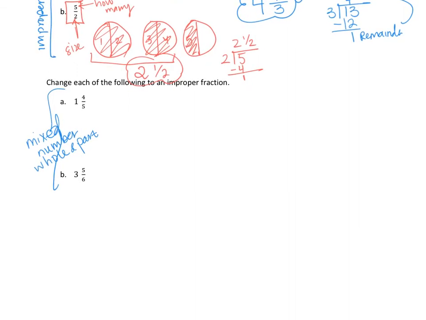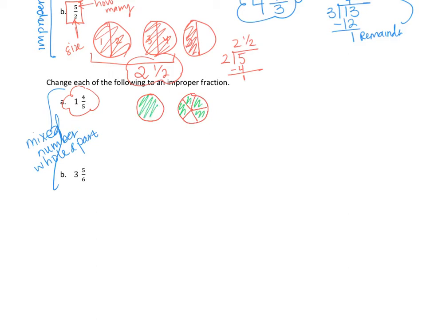For the second part, we're changing each of the following to an improper fraction. So really it's going the other way. So we have 1 whole, and then we have 4/5. So if I break this up into fifths, I have 4 of them. 1, 2, 3, 4.